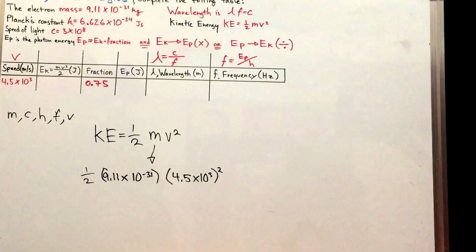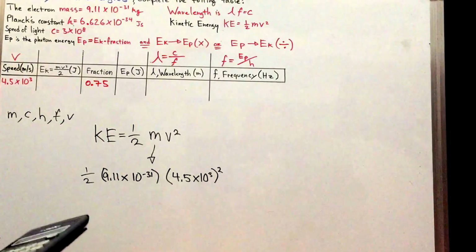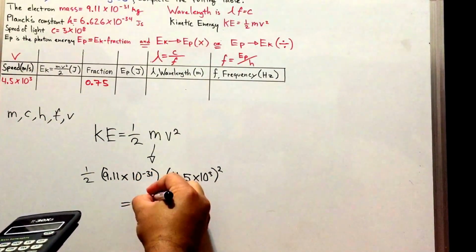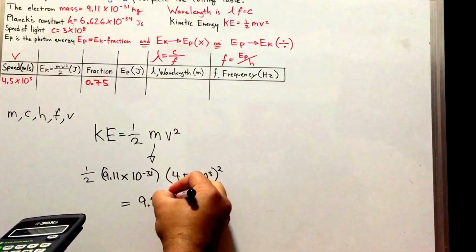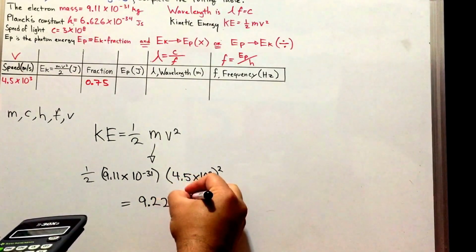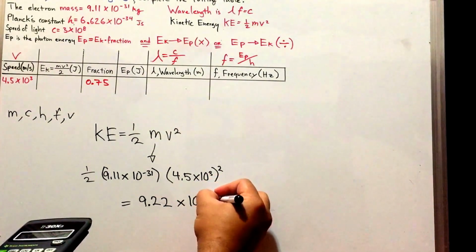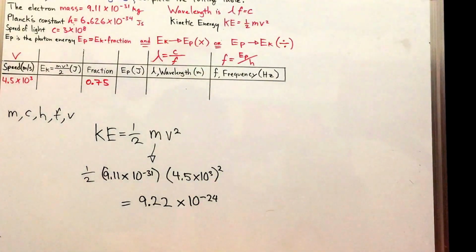Okay, and that should equal 9.22 times 10 to the negative 24th power.